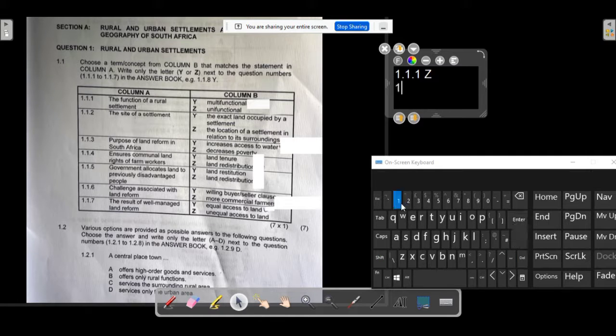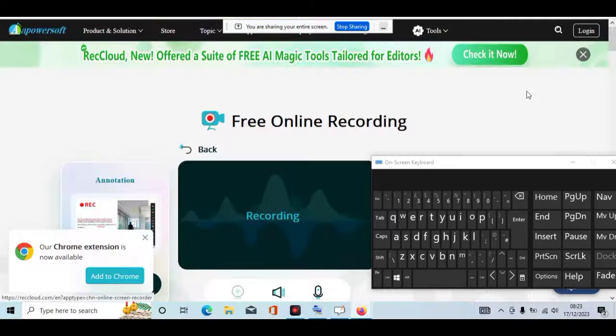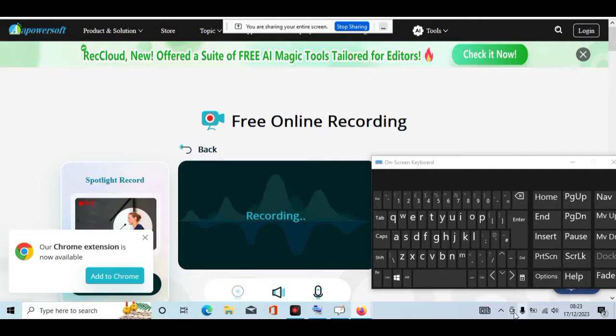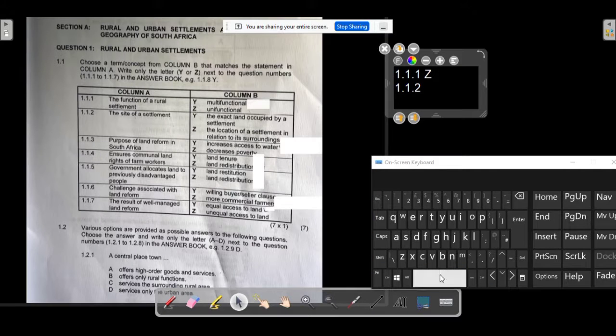Then for 1.1.2, they want the site. So the site of a settlement. We're supposed to choose an option that defines the site of a settlement.